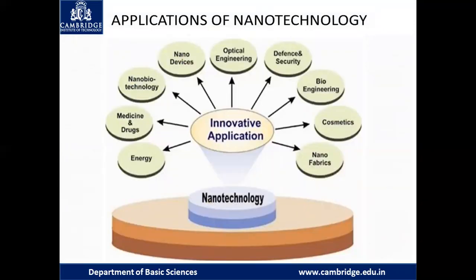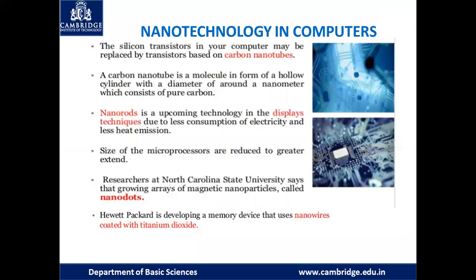Applications of nanotechnology. Nanotechnology can be used in all fields, including energy, medicine and drugs, nanobiotechnology, nanodevices, optical engineering, defense and security, bioengineering, cosmetics, and nanofabrics. One of the main applications of nanotechnology is in computers.